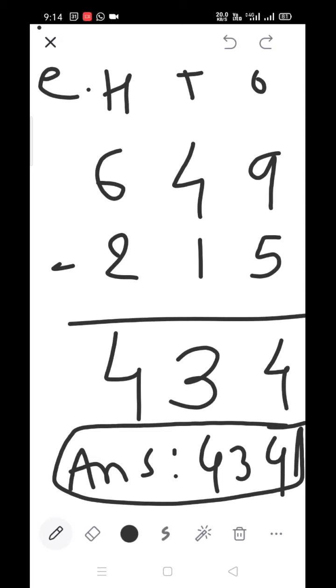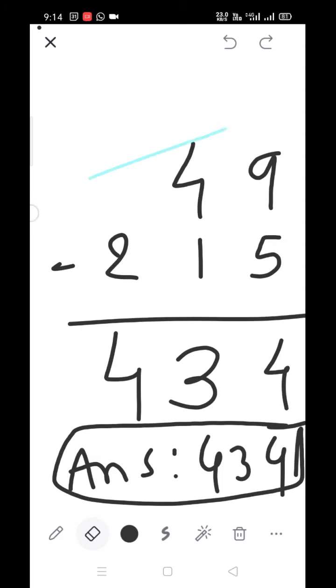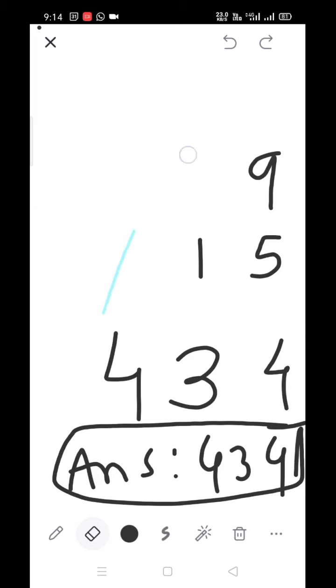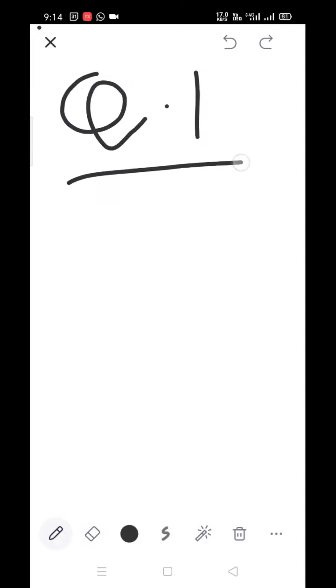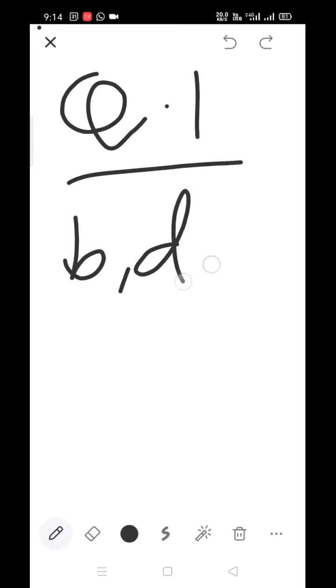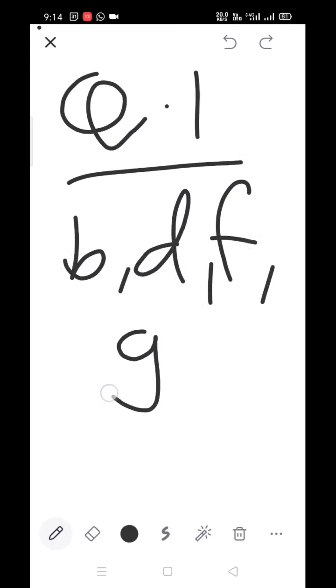In question number 1, B, D, F, G and H are your homework.